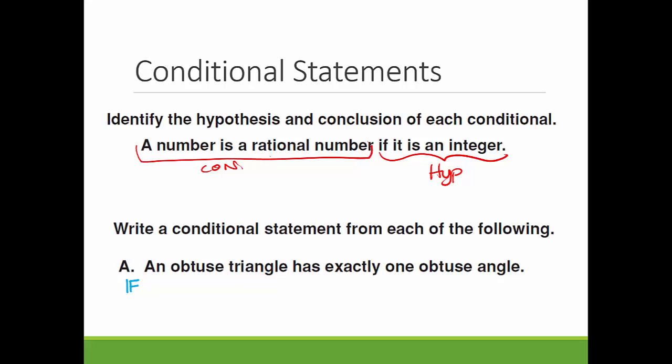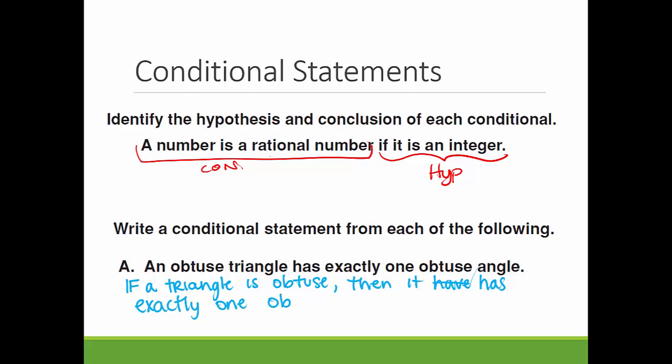If a triangle is obtuse, then it has exactly one obtuse angle.